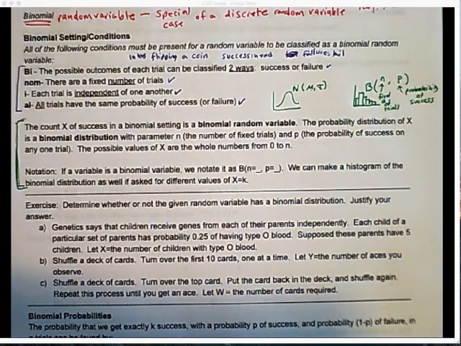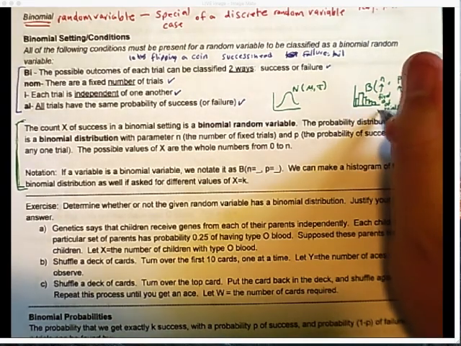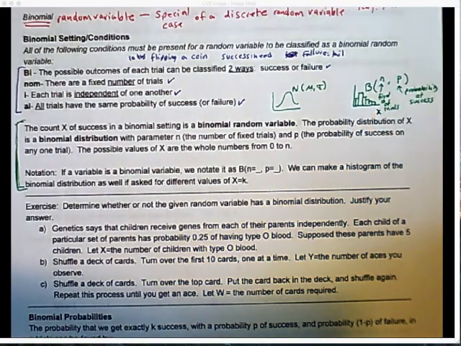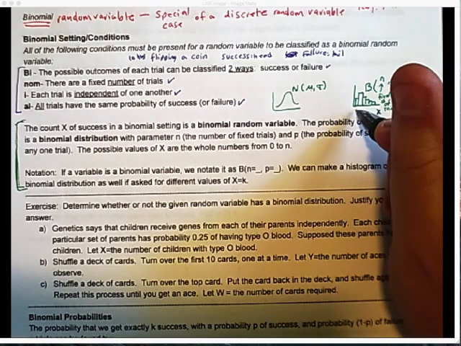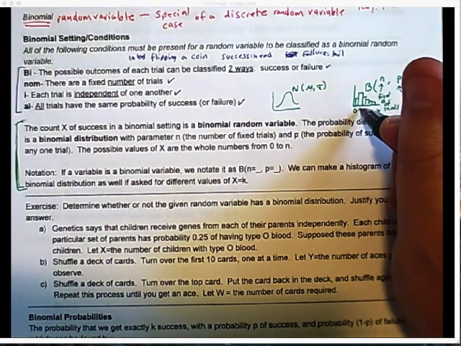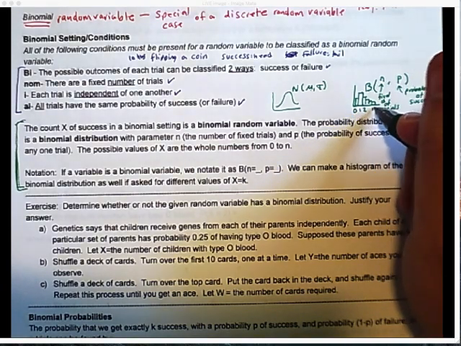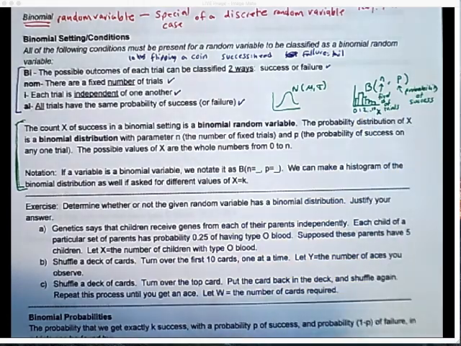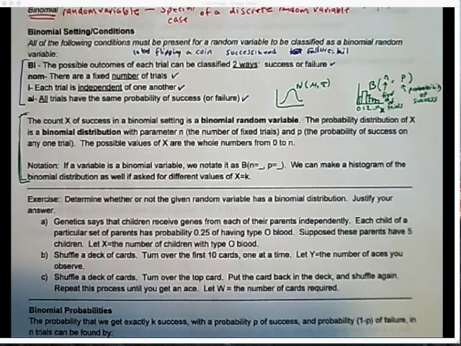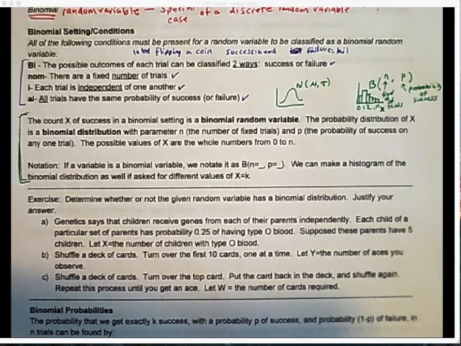The possible values of X are the possible number of successes. In my case, when I flip a coin, I could get 0 heads, 1 head, 2 heads, and the last one is going to be 10. It's going to stop at 10 because I'm only flipping the coin 10 times. It is possible to get 10 heads. Very unlikely, but it's possible. So we talked a little bit about the notation here.